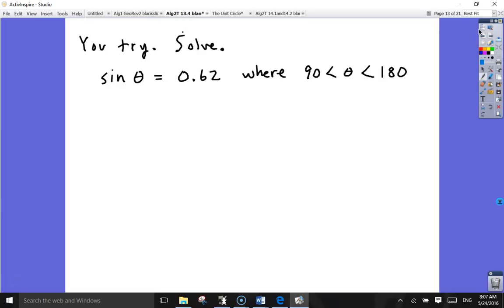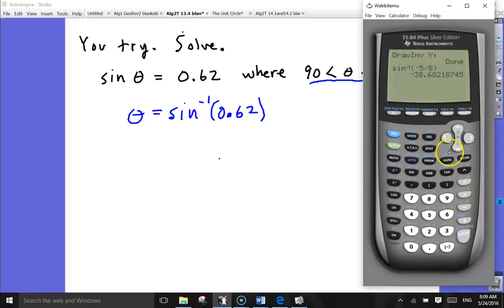Solve: sine theta equals 0.62. You want to give your answer between 90 and 180 degrees. So you can just go right to the step, which is theta equals sine inverse of 0.62. Sine inverse of 0.62 is 38.3.